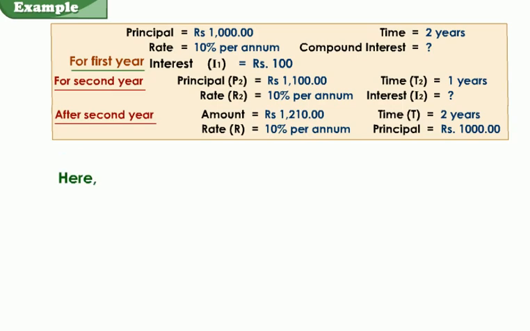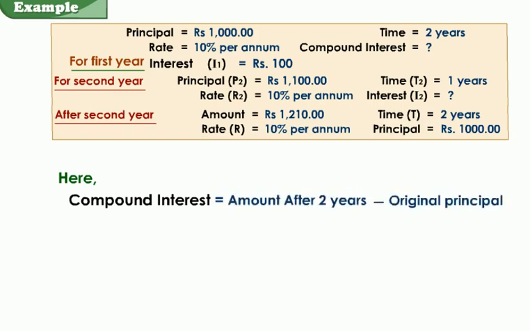Here, the compound interest obtained is the difference of amount after 2 years and the original principal. That is equal to rupees 1210 minus 1000, which gives us rupees 210.